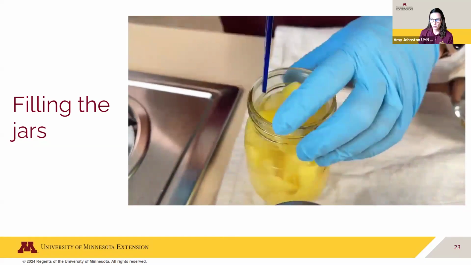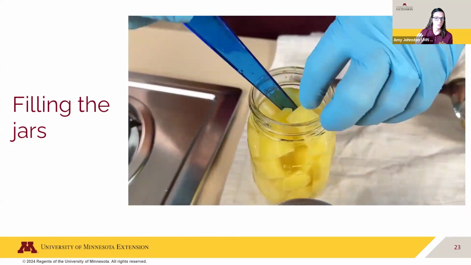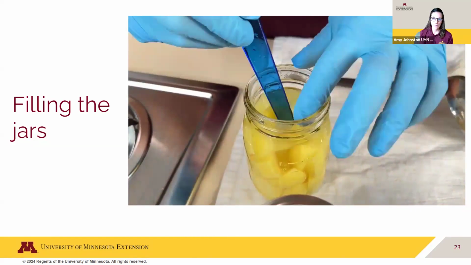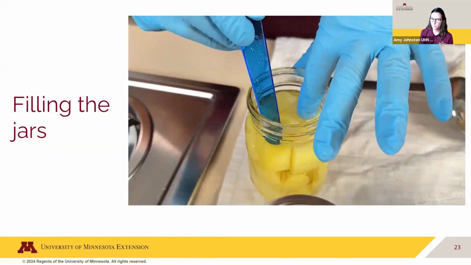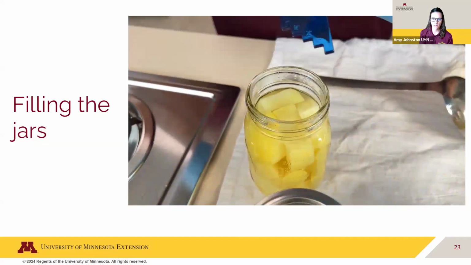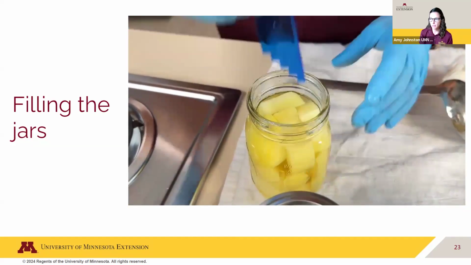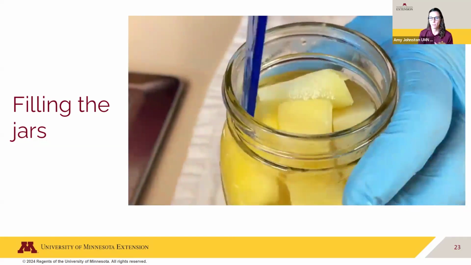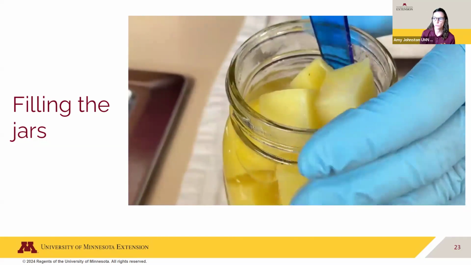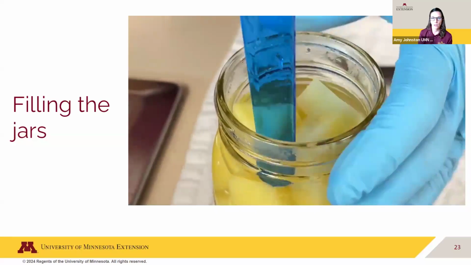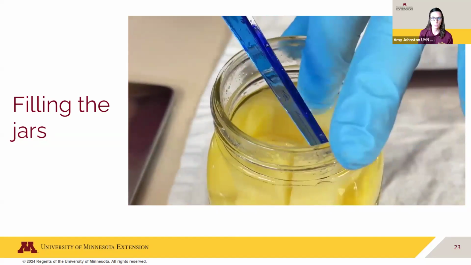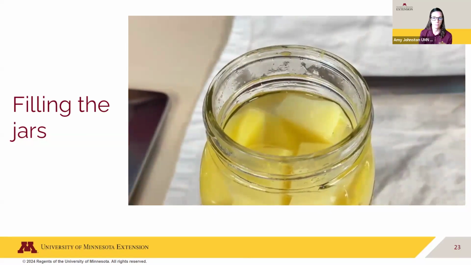Removing the air bubbles, just getting all of the product in there, removing any pieces of potato that are causing us to go up into that headspace. For the potatoes, we need 1 inch headspace is what the recipe calls for, because there is quite a bit of liquid in there, and that pressure that we're going to be creating in there, we're going to make a lot of boiling.